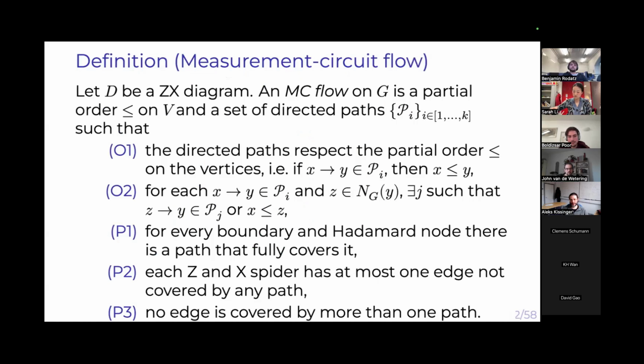So in this case, we define something similar, but only for the purposes of circuit extraction. And this is quite a bit different than what you might have seen before. But at the same time, there are many things that are similar to the original definition of just a simple flow.